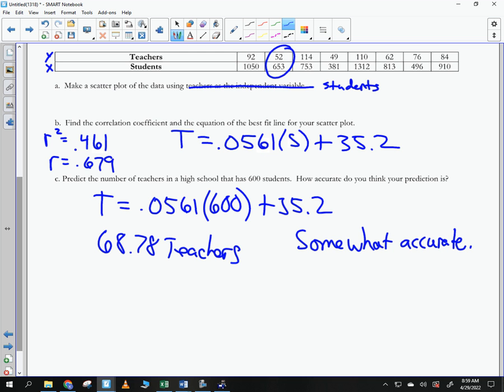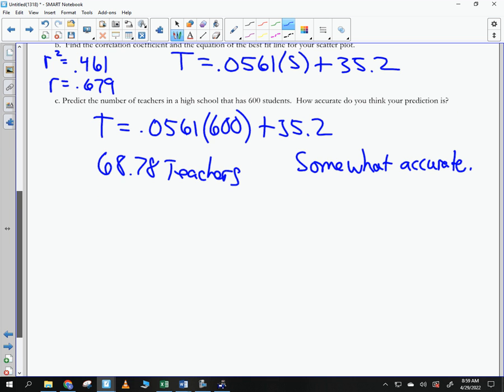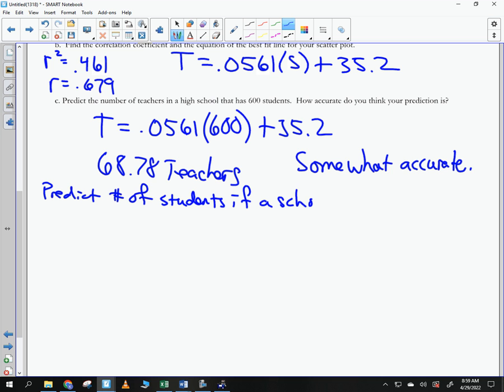I'd like to switch it up for the last piece so that we can see the workings of how this would be. Suppose it said predict the number of students if a school has 110 teachers.